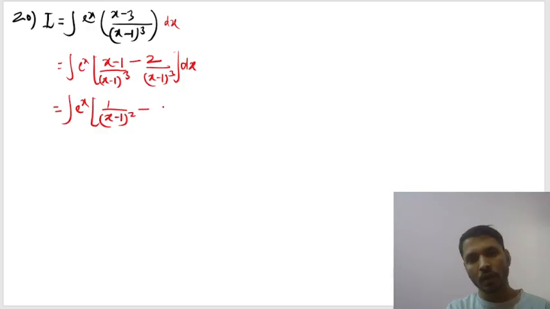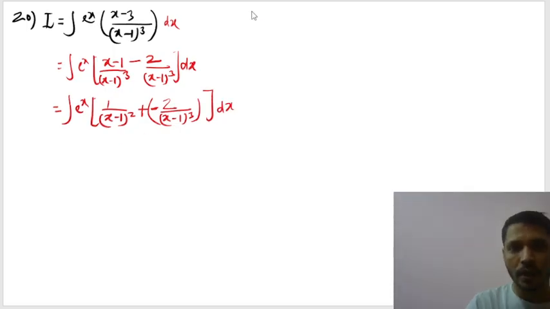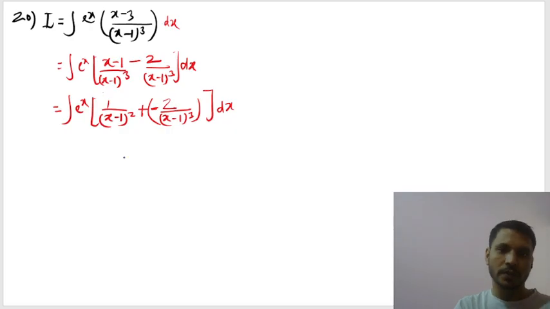And this is 2 by, here we can take plus and here minus, we are writing for the second part only, means 2 by x minus 1 whole cube, right? And bracket close into dx. Now we can see very clearly here that this is our f of x.